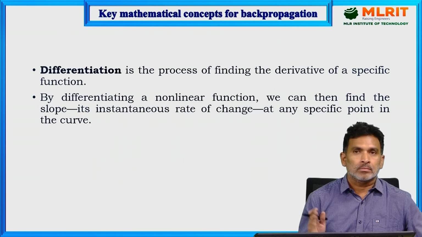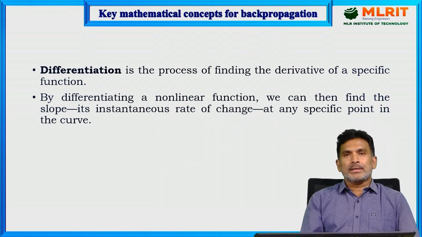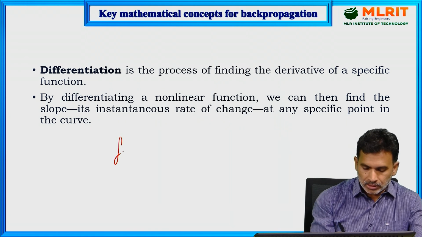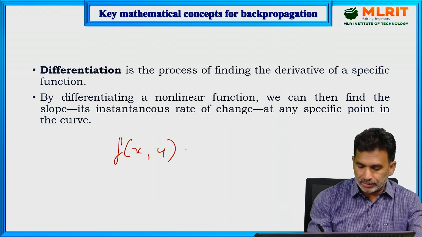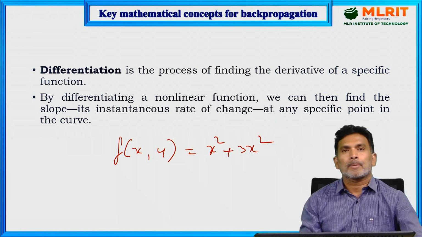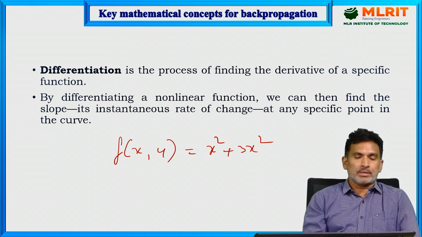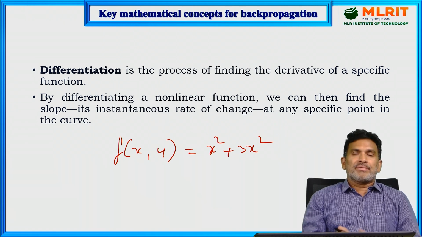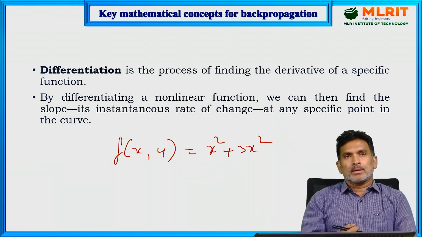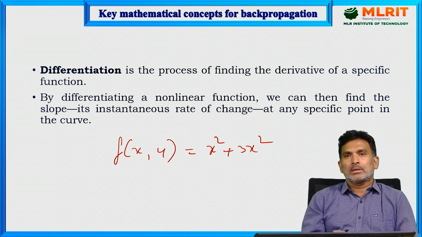Next, differentiation is the process of finding the derivative of a specific function. Suppose you take a function f of x comma y equal to x square plus 3x square, a specific function, then we have to find the derivatives of this function. By differentiating a non-linear function, we can find the slope, that is its instantaneous rate of change at any specific point in the curve.